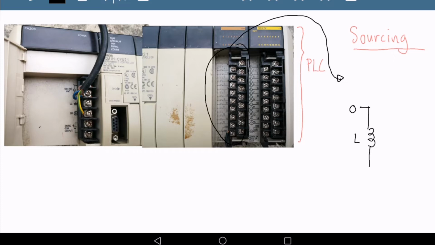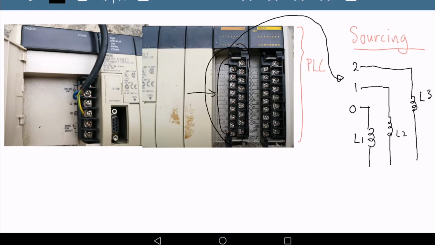This is a light. We have light number 2. This one L1, this one L2. So light number 2, input number 1, light number 3, input number 2. This input module has 16 inputs, 0 to 15. Now what I do, I just draw 3 inputs, 0, 1, 2.